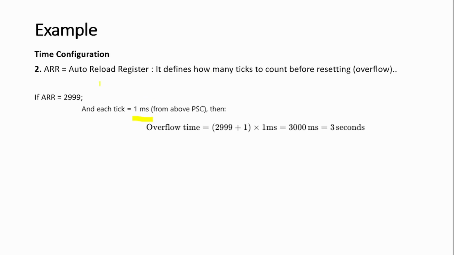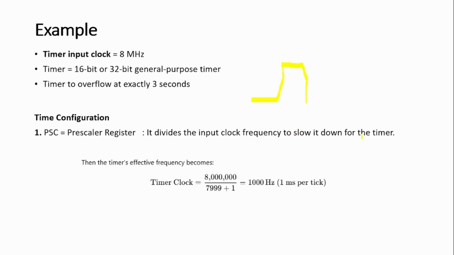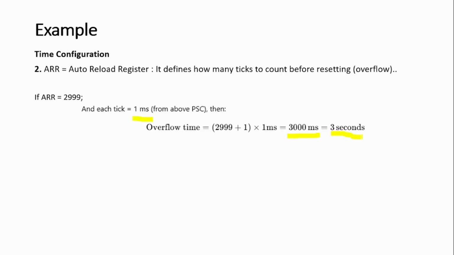Let us say your ARR value is 2999. Simply multiply 2999 plus 1 into 1 millisecond, and your answer is 3000 millisecond, so exactly 3 seconds. So if you set the prescaler register equal to 7999 and ARR equal to 2999, your timer will automatically overflow after 3 seconds.